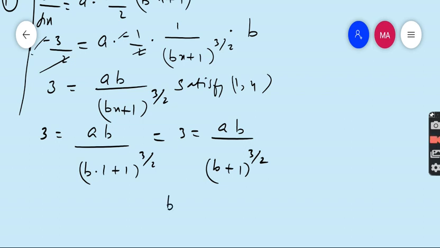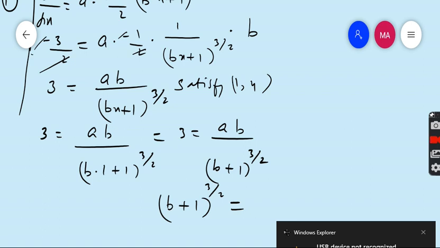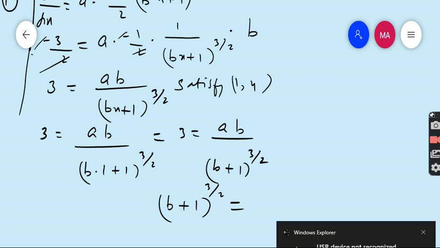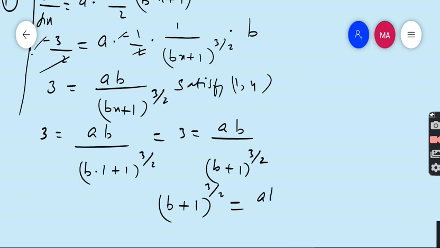It will be b plus 1 to the power 3 upon 2 is equal to ab, and this 3 is divided over here. So it is ab upon 3.